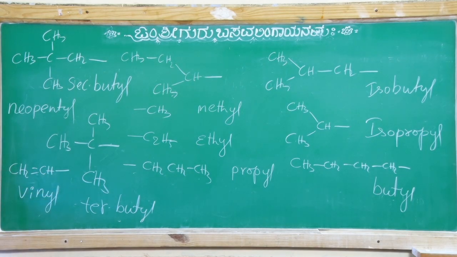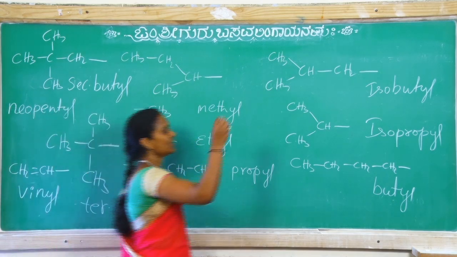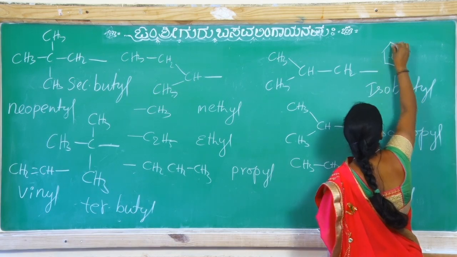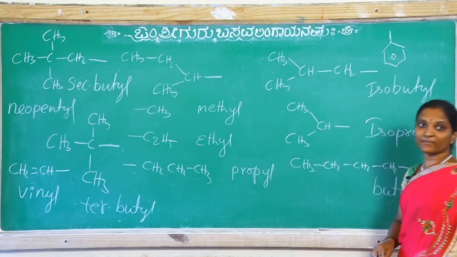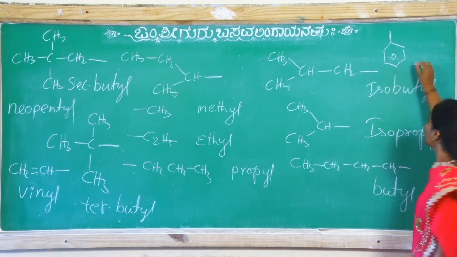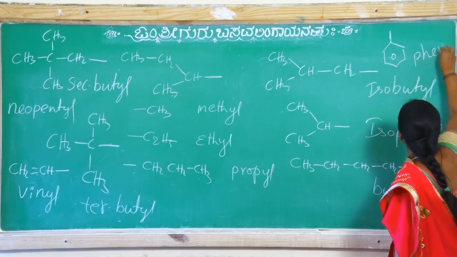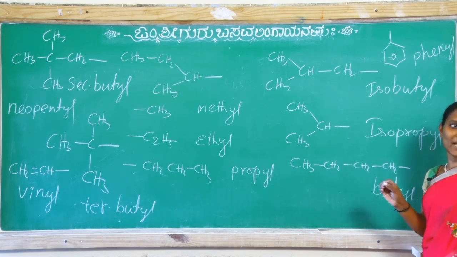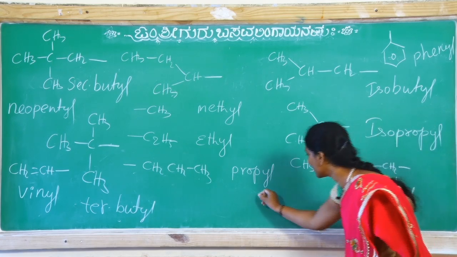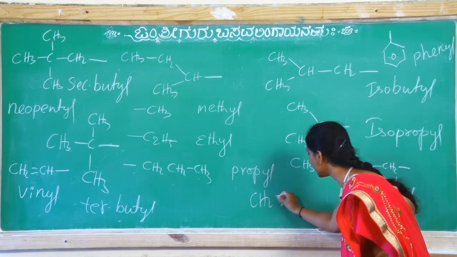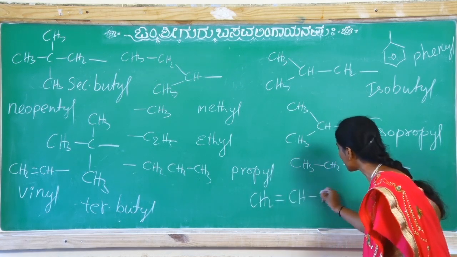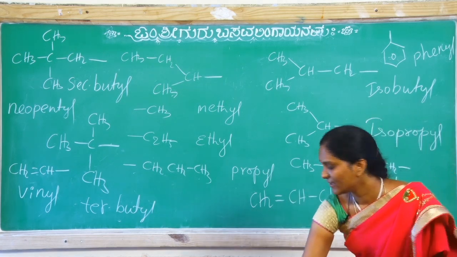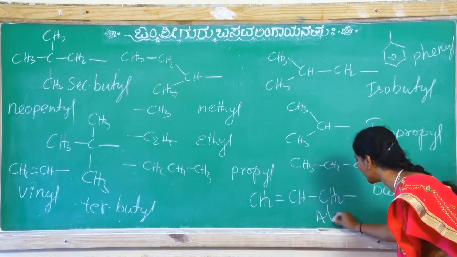If the branch is like this one attached, benzene ring, this attached, then this branch name phenyl. Now I am writing here. CH2 double bond CH, CH2. Like this one branch attached. This branch name allyl.